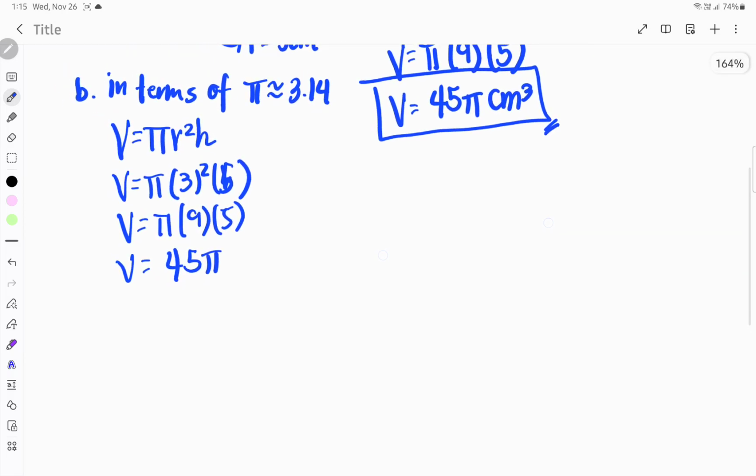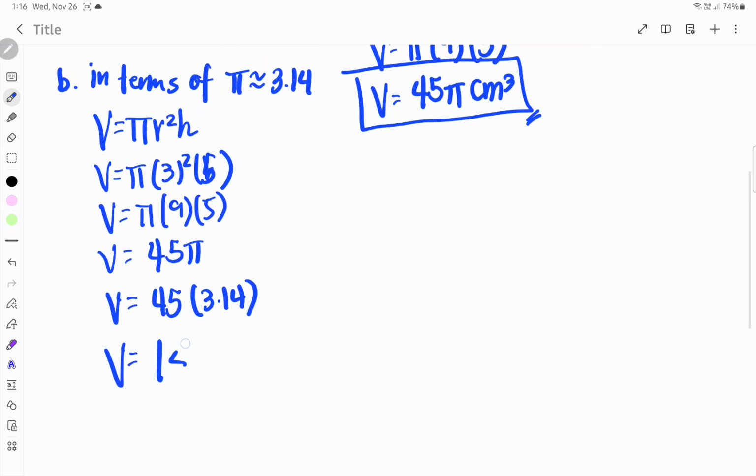Now, at this juncture, we will solve the volume: 45, and then getting the value of pi, which is 3.14. Multiplying that in long division, the volume would be 141.30 cubic centimeters.